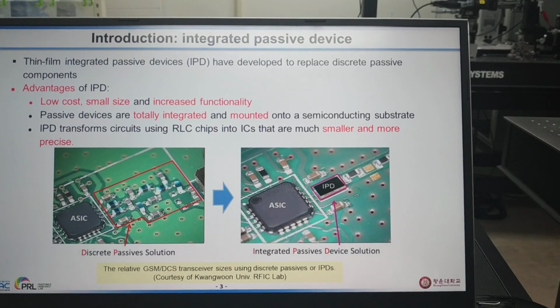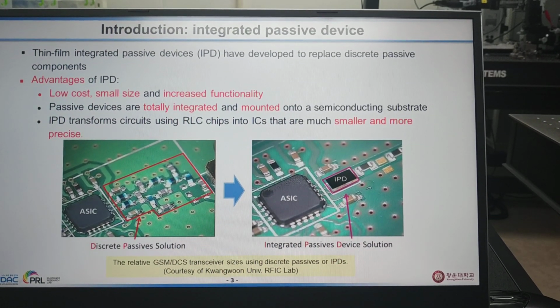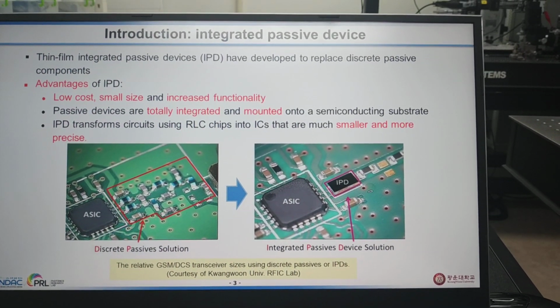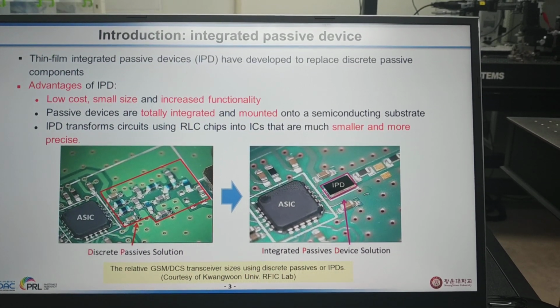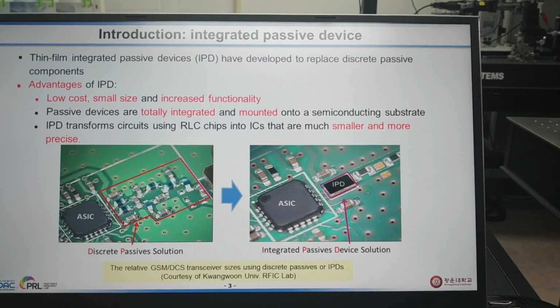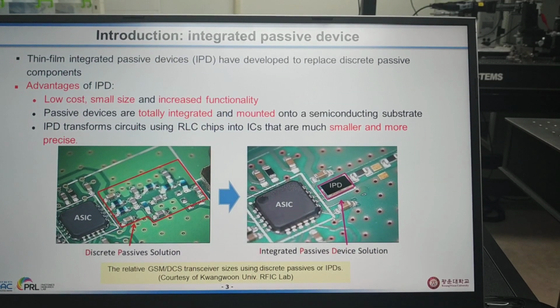As shown here, in this picture is the discrete passive solution, and this one is the IPD.